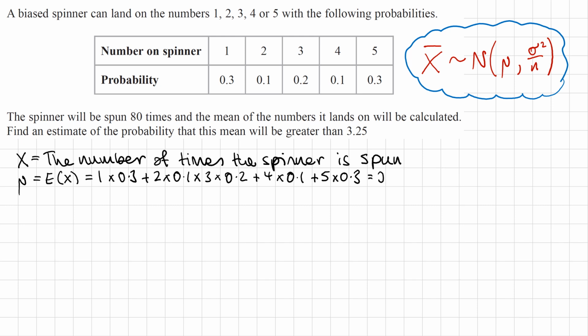So that's going to be 0.3 plus 0.2 plus 0.6 plus 0.4 plus 1.5. That's 5 times 0.3. If we add those up, we get exactly 3 for E of X.